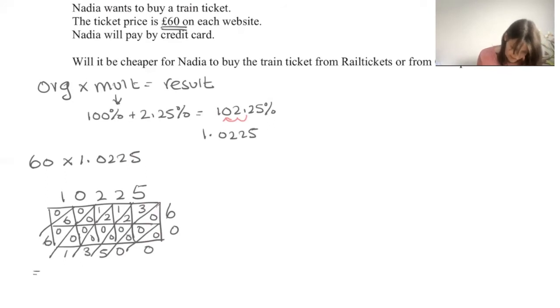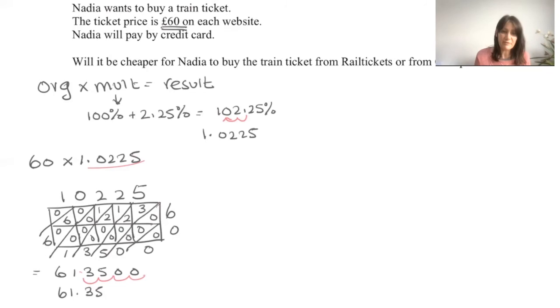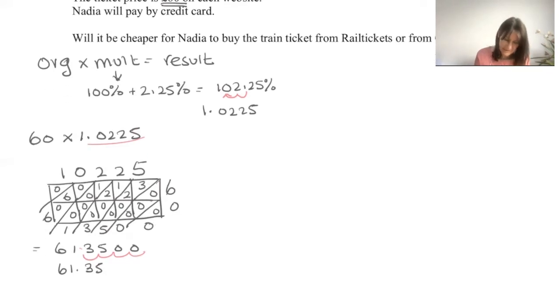So I'm getting 613500. Now check in with where that decimal place needs to go. 1, 2, 3, 4 movements. So 1, 2, 3, 4 movements. £61.35 is the cost of the ticket with the 2.25% increase.